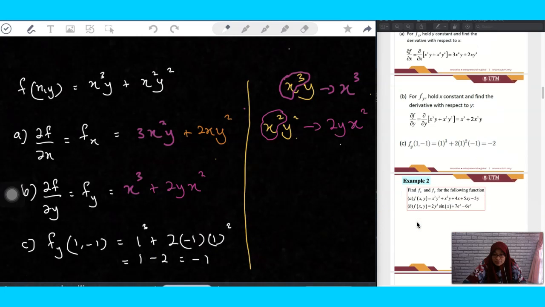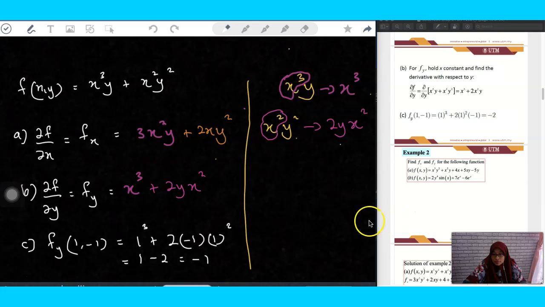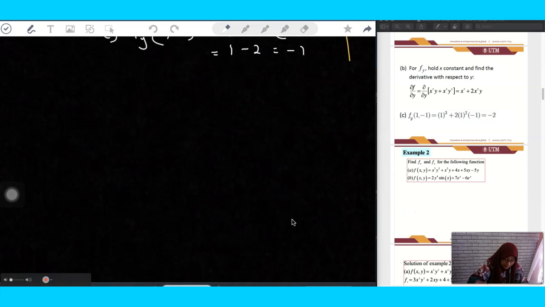And another example. Now we want to look at the other example, example 2.